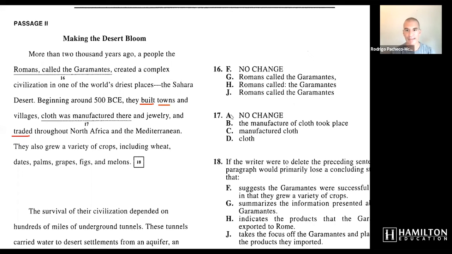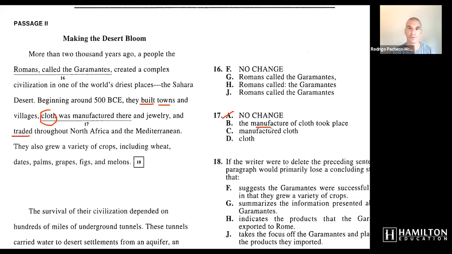If we look at A, no change, cloth was manufactured there. This breaks the structure. This is a noun. And this is also passive voice, which we don't see in the other items here. So we can eliminate A, no change. The manufacture of cloth took place.